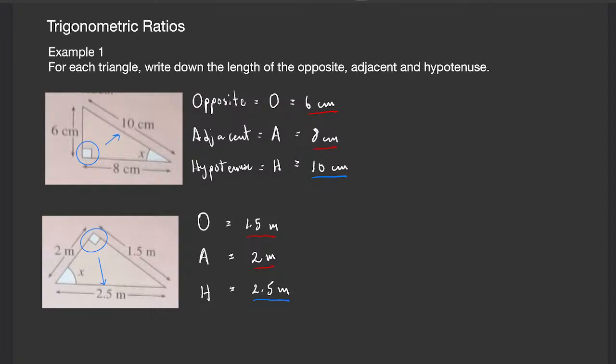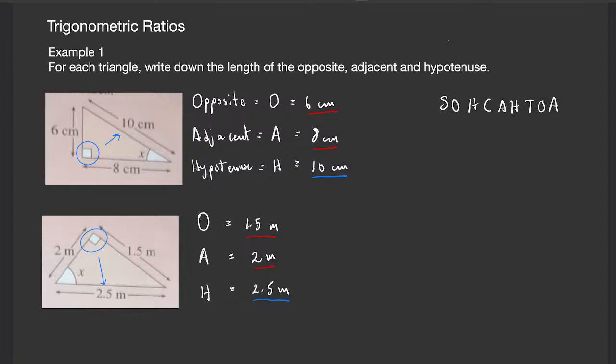So trig ratios, of course, are determined by the right angle triangle, and we determine them by using the three sides that we were able to just identify. When I was at school, I learned them using an acronym, and that acronym is SOH CAH TOA.